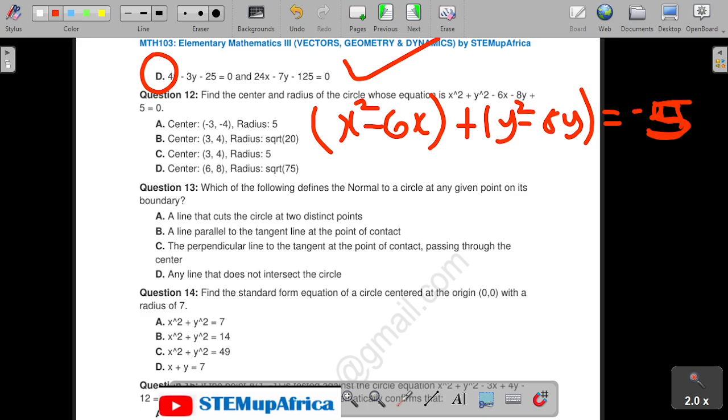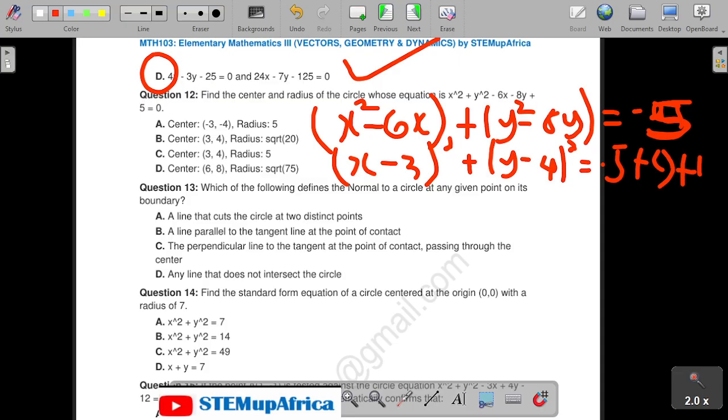If I apply complete the square, here becomes (x minus 3) all squared, here becomes (y minus 4) all squared, equals minus 5 plus 9 plus 16. That will give us 20. So the center is (3, 4). Radius is square root of 20, which is B.